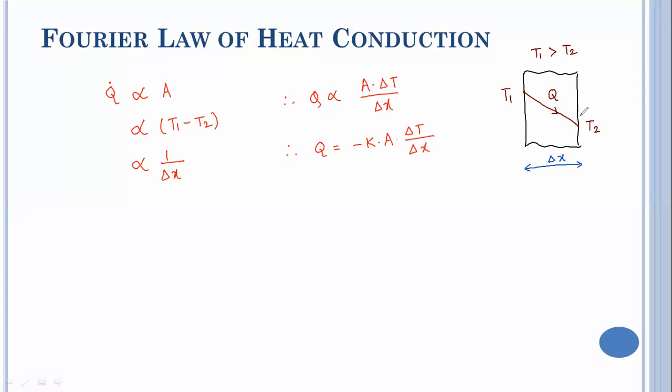Because heat is flowing in the negative direction, from higher to lower temperature. It shows the direction. That's why there is a negative sign. What is this K? This K is called the thermal conductivity of the material.